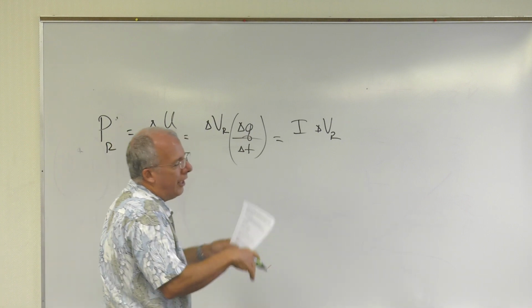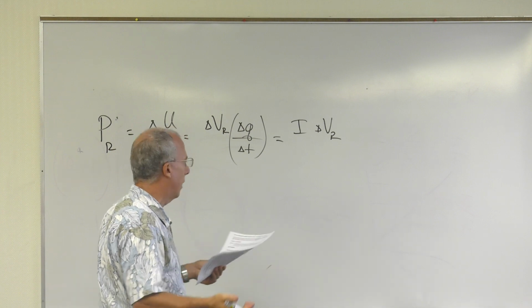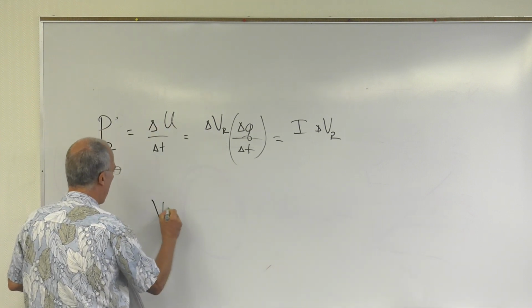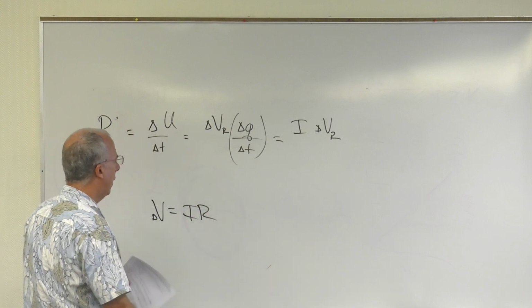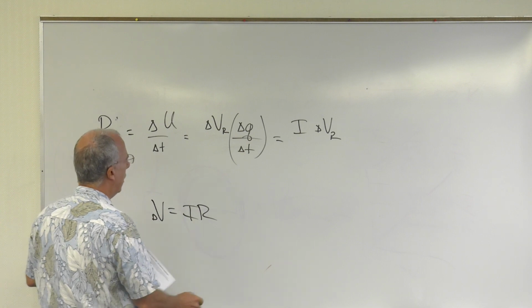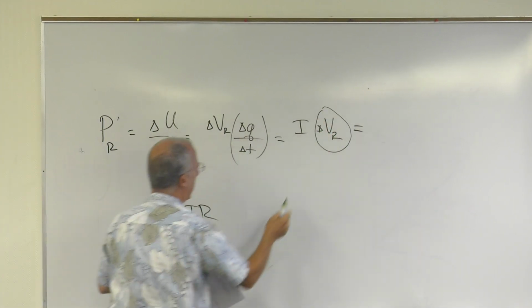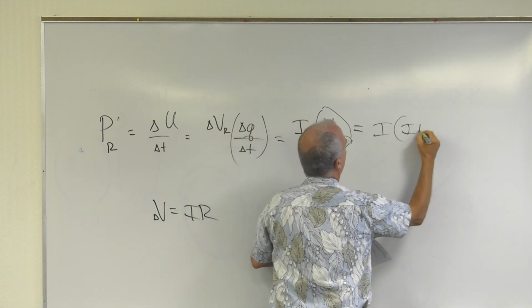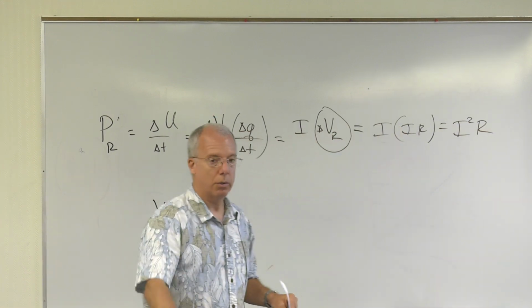But you never know how they're going to word the question. In the real world, you never know what you're going to be able to measure and what you're not going to be able to measure. So we also know Ohm's law: delta V equals IR. If we felt like it, we could substitute for delta V. We could say delta V is IR. Then we have I times IR, and that's I squared R. So there's another equation we can use.